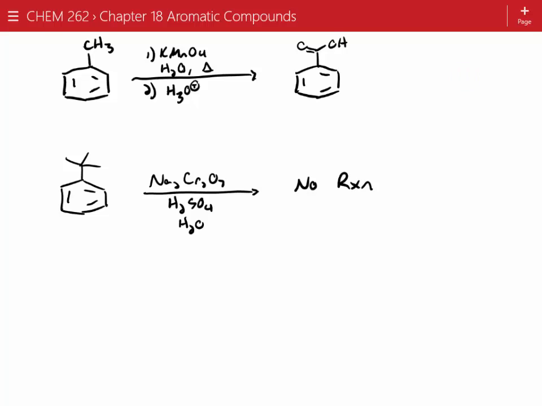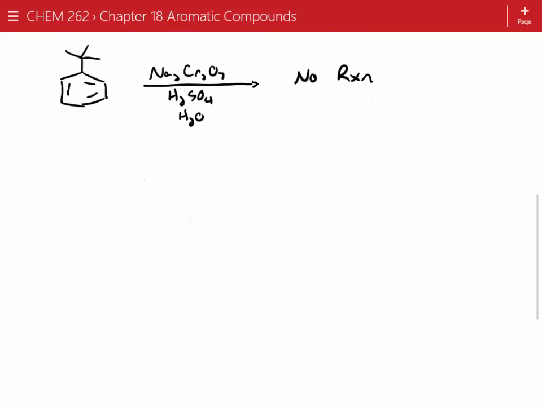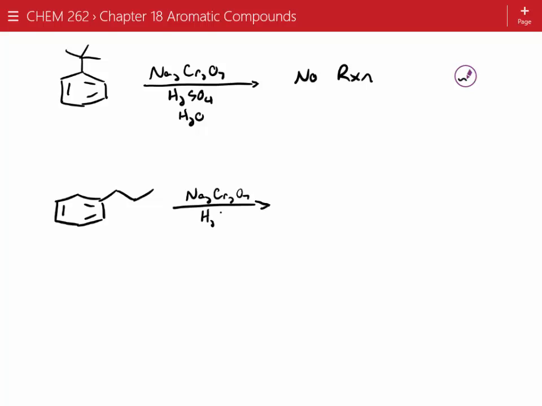The other interesting reaction you can do with oxidation: let's say I've got this guy, and I do Na2Cr2O7, sulfuric acid, and water. What product will we get out of here? Carboxylic acid in the benzylic position.